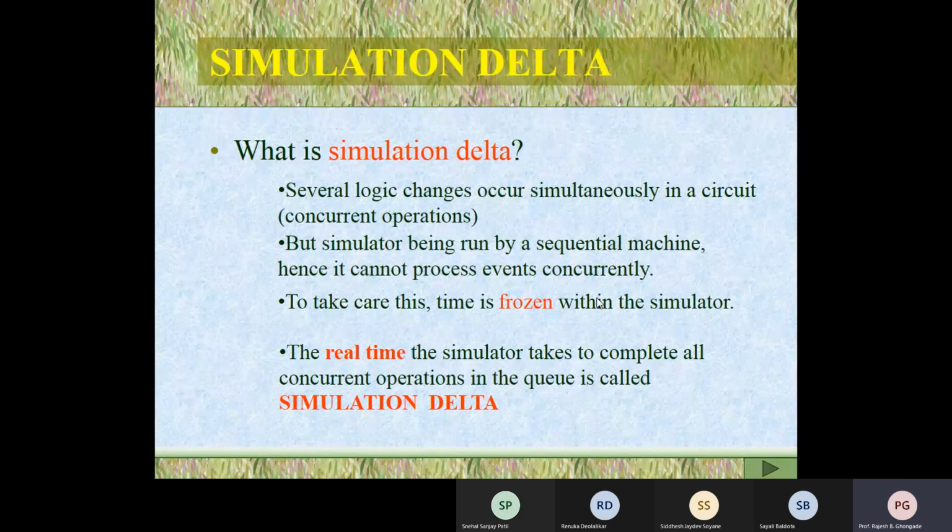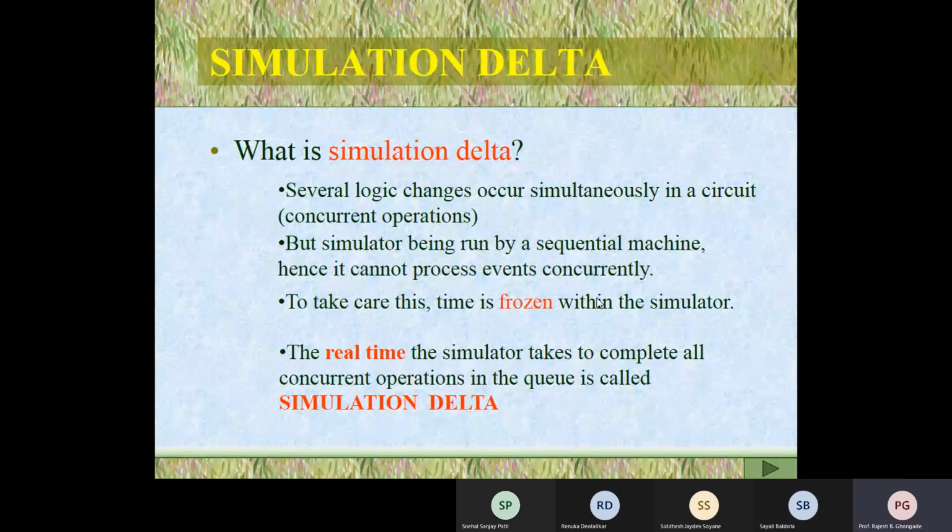So whatever is happening in that particular real time, the events that are occurring in real time will be considered as events occurring at this 1 nanosecond time instant. Are you able to understand this? Very, very important. This will help you understand how simulation works, not only for VHDL, but for every other simulation tool. Is this clear to all?